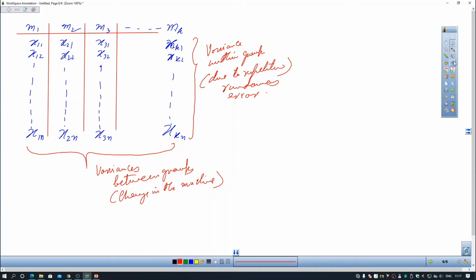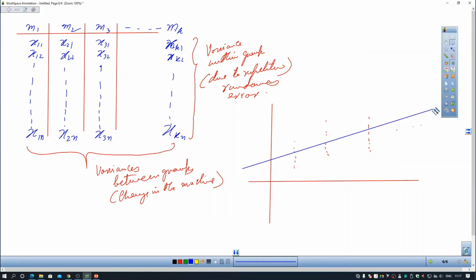So now if we want to see this effect over the graph, then what will be this effect? We can now have observations. For machine 1 there may be some observation, for machine 2 there may be other observation for 4 and so on. So now if we draw a line that represents the relationship between change in machine based on the regression analysis.